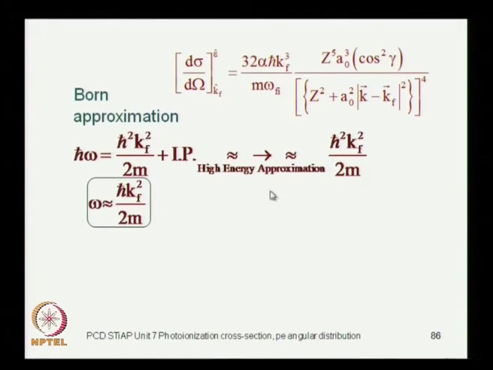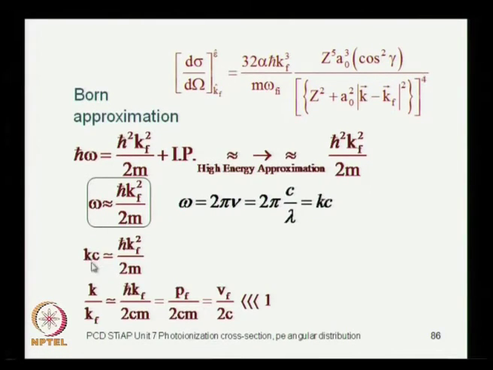So, h cross omega in the Born approximation is nearly equal to h cross square kf square by 2m, which tells you, if you cancel one power of h cross from both sides, you have omega equal to h cross k square by 2m. So, this is the Born approximation. Omega of course is k times c.